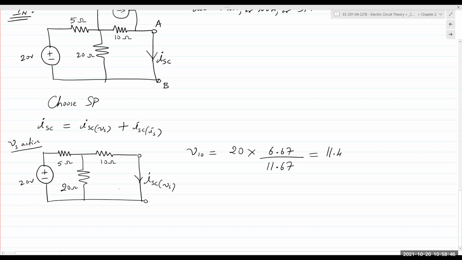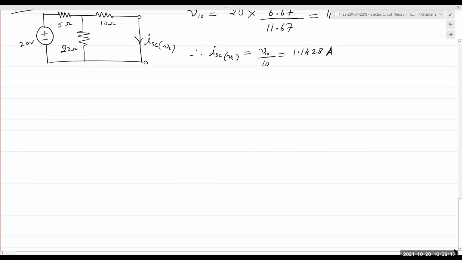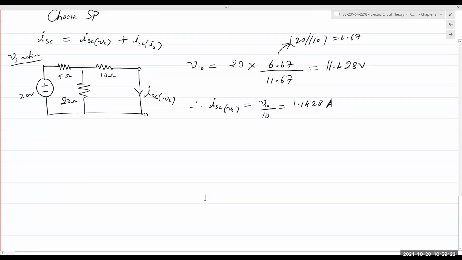That is 20 and 10 in parallel. So 11.428 volts, and therefore ISC Vs would be V10 divided by 10, 1.1428 amps.